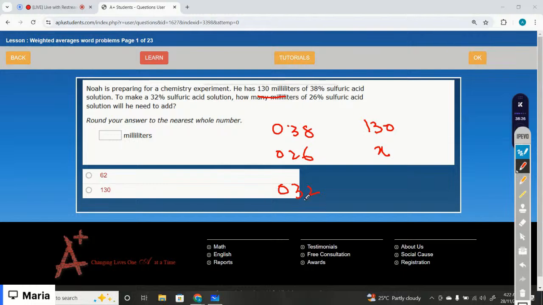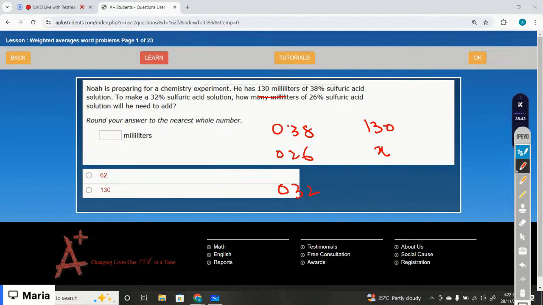So let's just write down the equation. How many milliliters of 26% sulfuric acid solution will he need to add? You need to write down the equation.